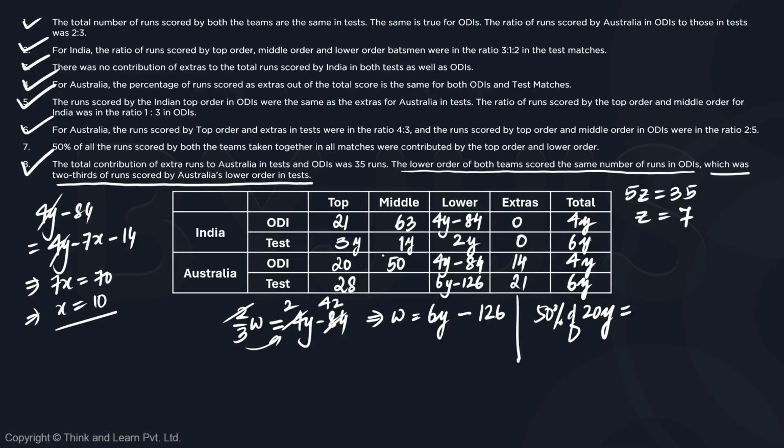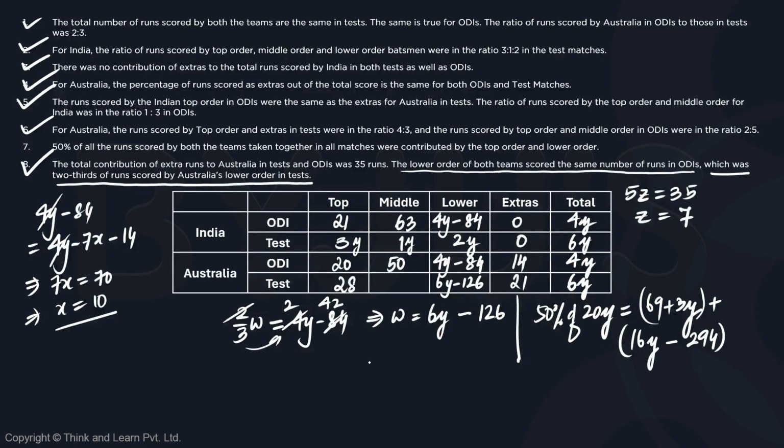The top order total value is going to be 69 plus 3y. And for lower order, it is going to be 14 plus 2, 16y, and then minus 84, minus 126. Now 126 and 84, this is 210. 210 plus 84 is 294.